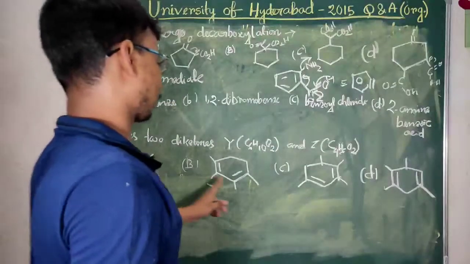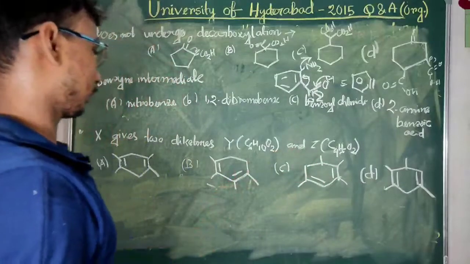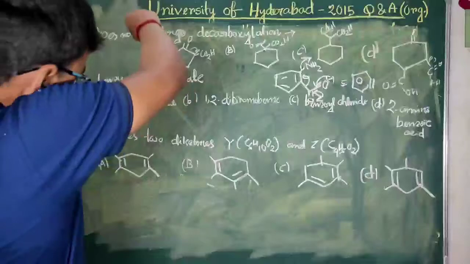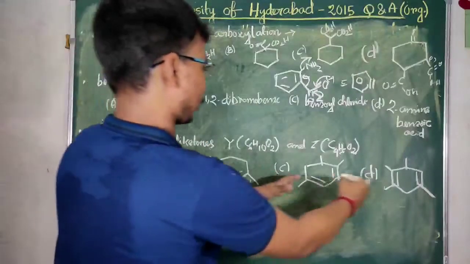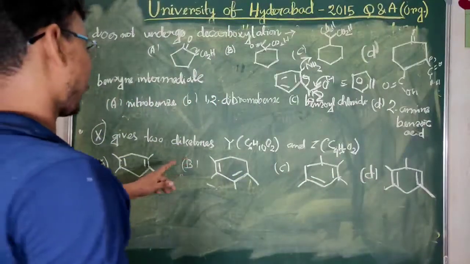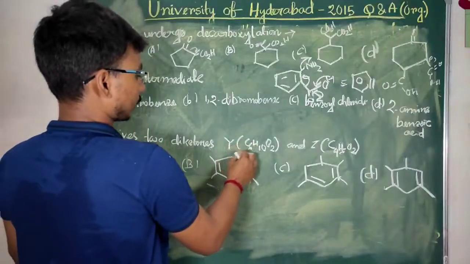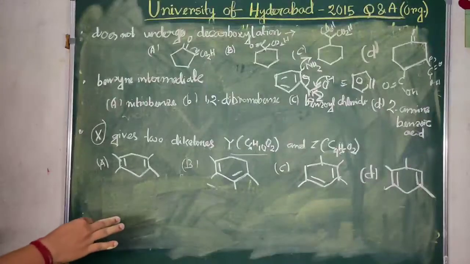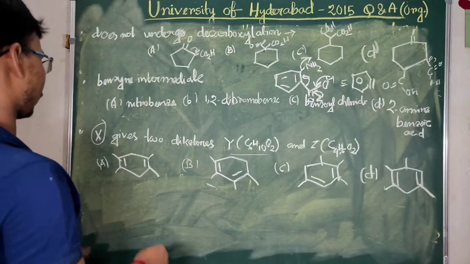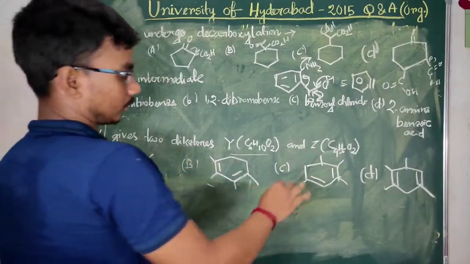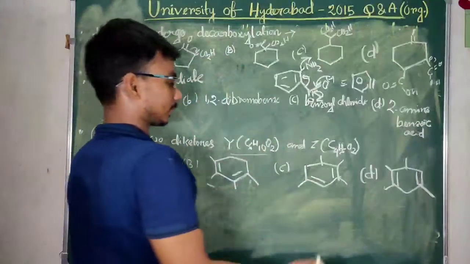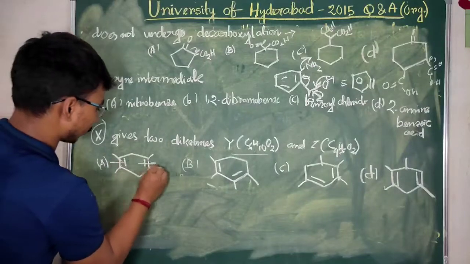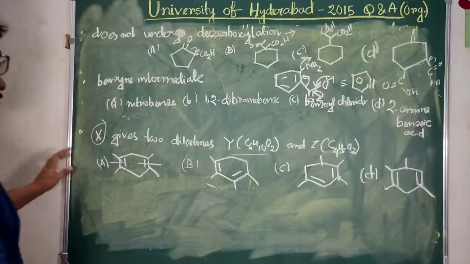From these 4 options we have to determine the product, and that is X. X is among these 4 options given, and after ozonolysis it will give these 2 compounds. So we have to do ozonolysis and predict the X compound. If we do ozonolysis here, what do we get?